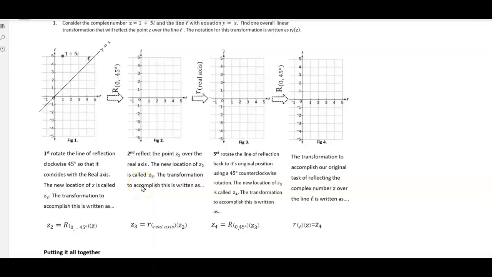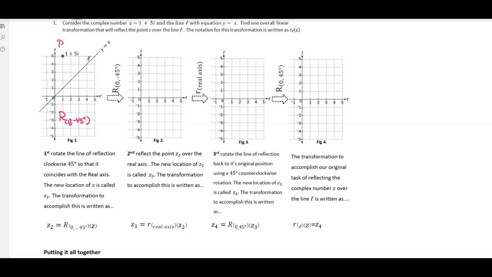All right, so our first step was we did this. We went R, do this in red. Okay, so this here was R, negative 45 degrees about the origin.